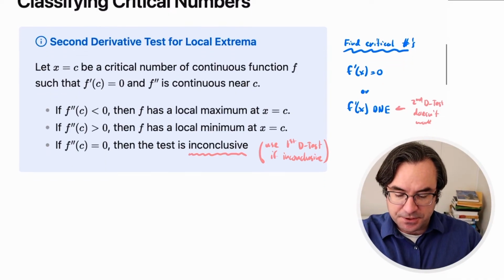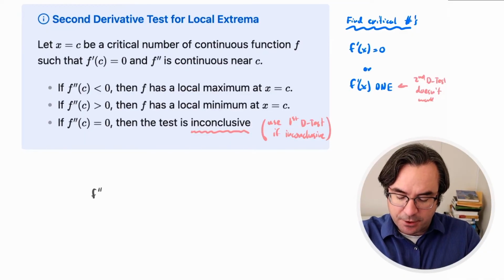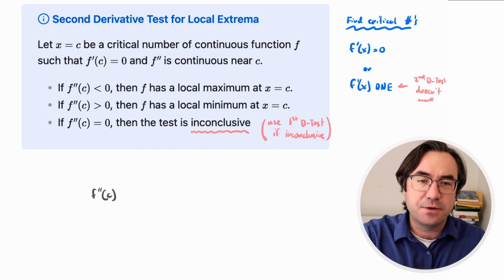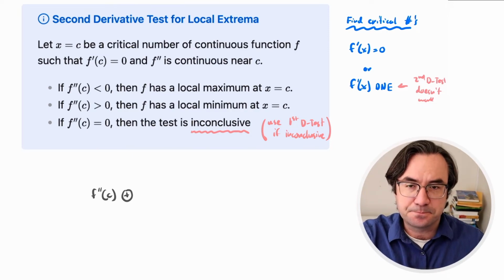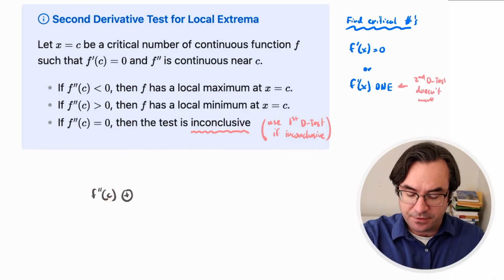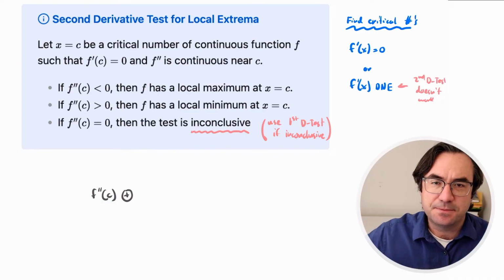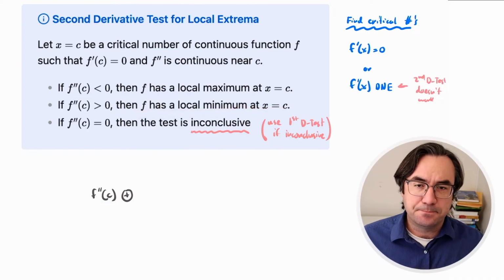So let's suppose that we plug our critical number into our second derivative and we get a positive result.